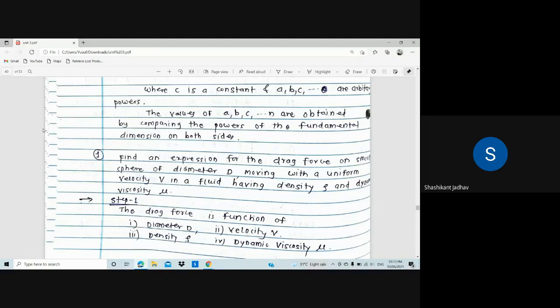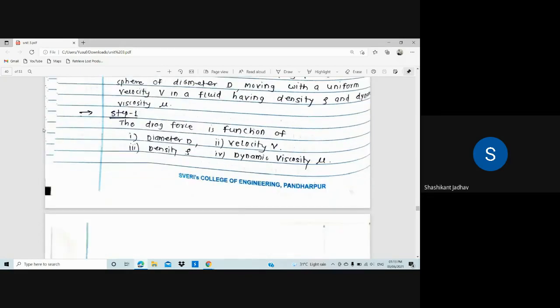Okay, so all of you write down step 1. Write down the drag force is a function of: first quantity, that is diameter, capital D. Second, velocity v.